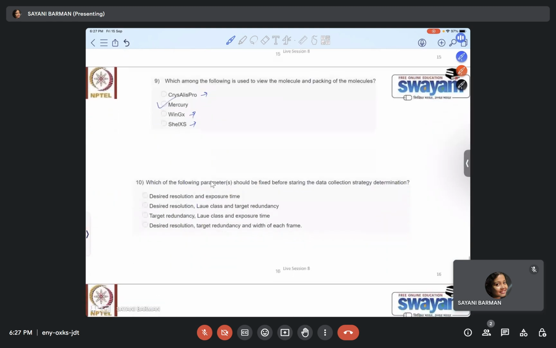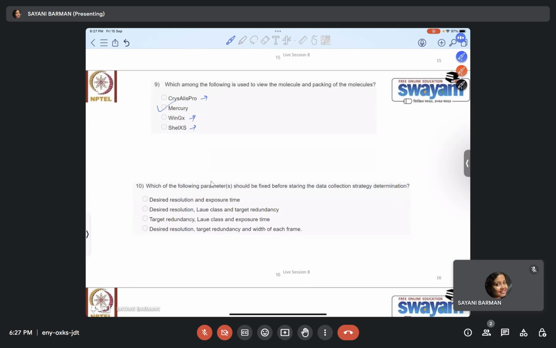And the next one is which of the following parameters should be fixed before starting the data collection strategy determination? The options: desired resolution and exposure time; desired resolution, Laue class, and target redundancy; Laue class and exposure time; desired resolution, target redundancy, and width of each frame.